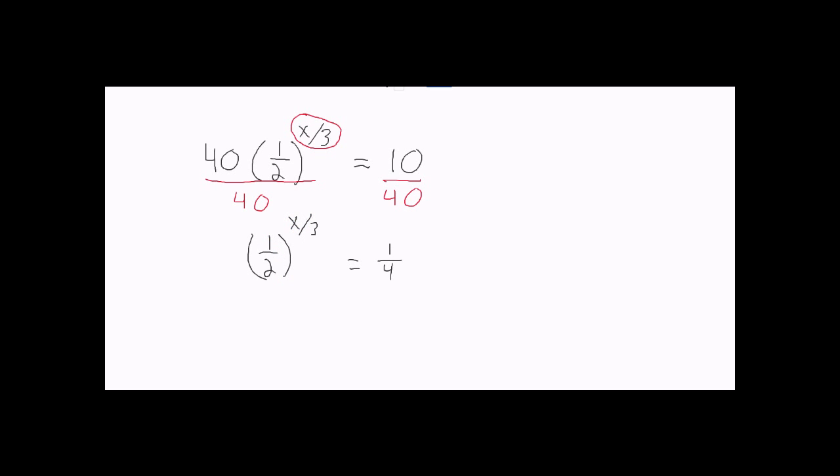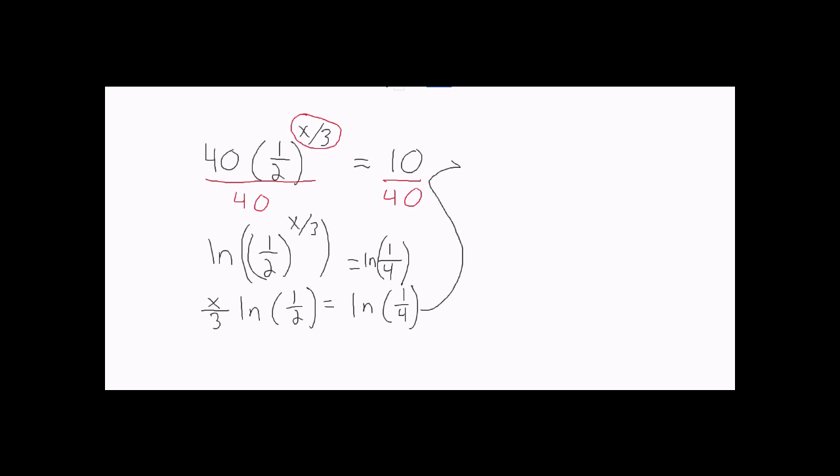And now we want to get the exponent down, and the only way to do that is to take natural log of the entire side. You can do it to one side, you gotta do it to the other side. Now we're allowed to bring the exponent down, so it's going to turn into x over 3 times the ln of 1/2 equals the ln of 1/4. Cool.